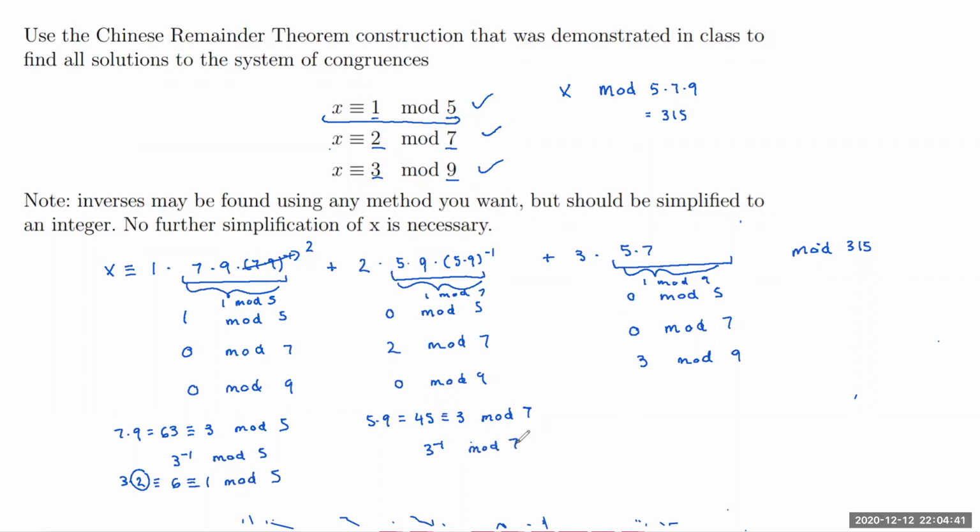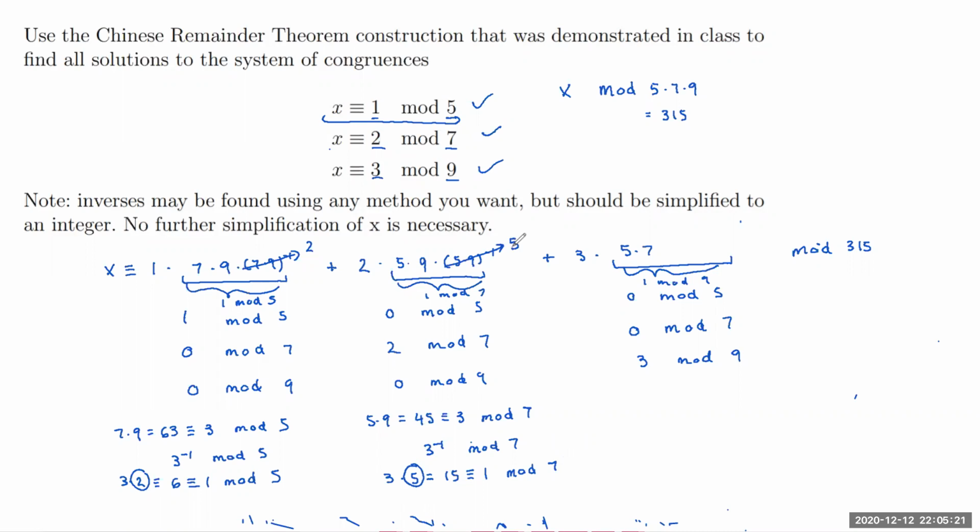Similarly, I like using trial and error. 3 times 1 is 3, 3 times 2 is 6, and so on and so forth, but you would get up to 3 times 5, which is equal to 15, which is equivalent to 1 mod 7, right? So 5 would be the inverse of 5 times 9, or 3. So this term here would become a 5.